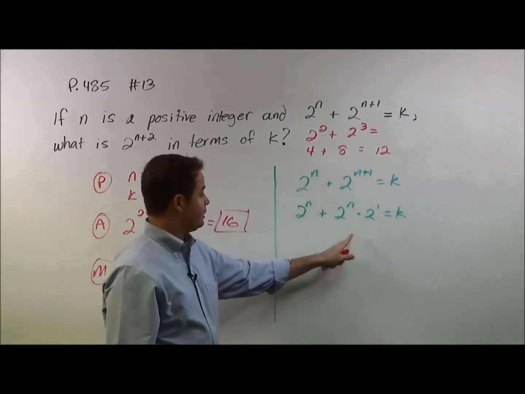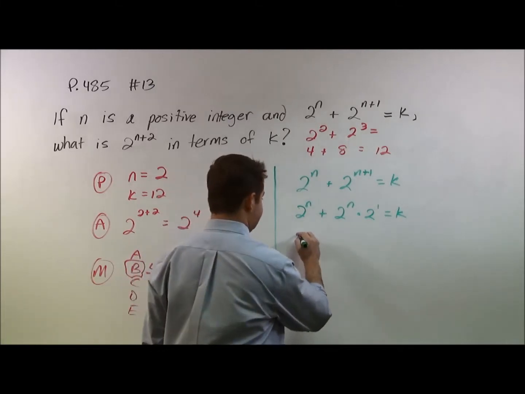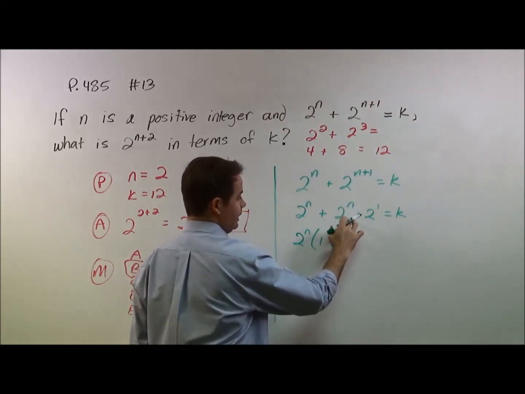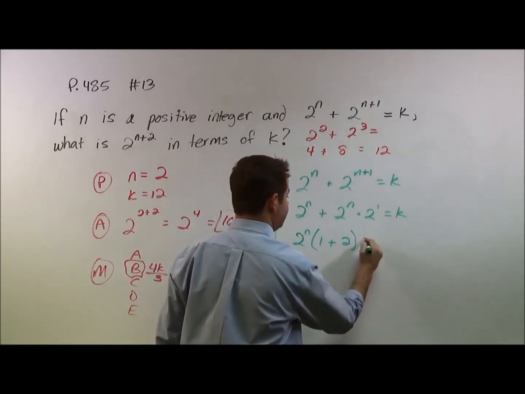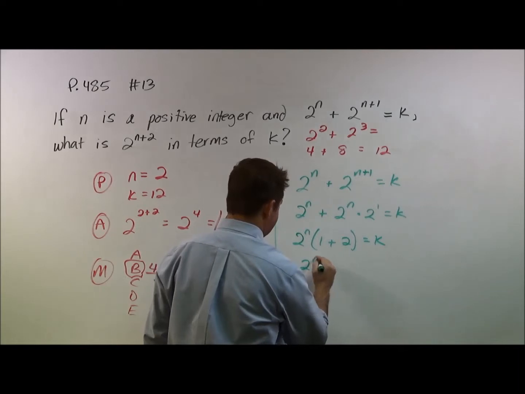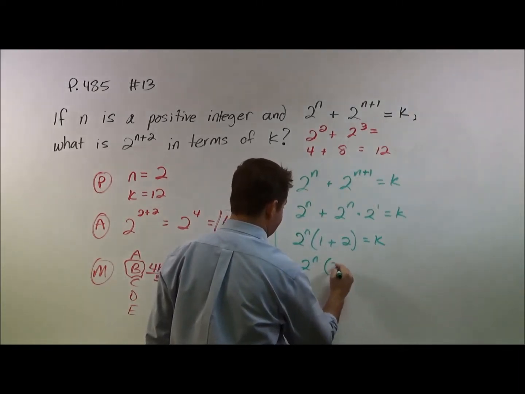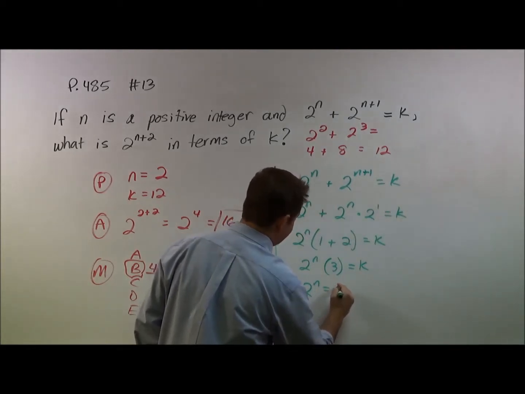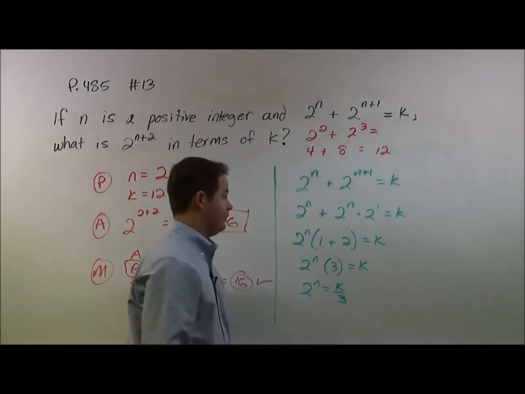Between these two terms, we could factor out a 2 to the n, which would give us 2 to the n times 1 plus, when you factor out a 2 to the n here, you're just left with 2 equals k. When you simplify that, you get 2 to the n times 3 equals k. And when you solve for 2 to the n, we get k over 3.